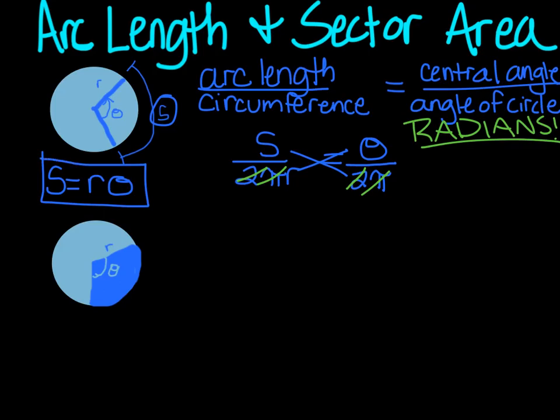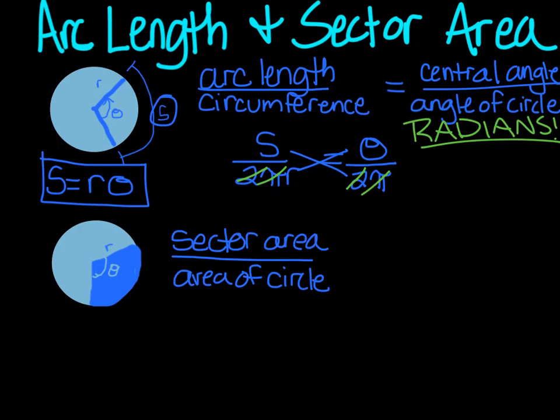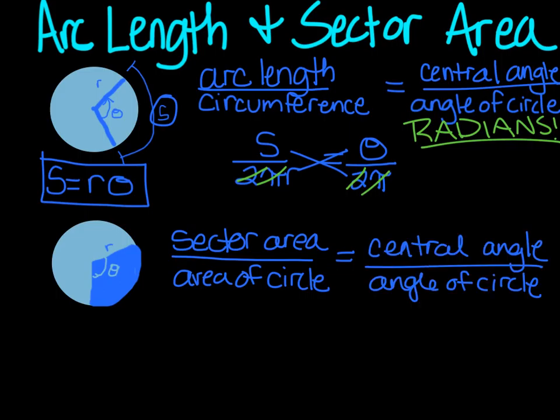Now for sector area, it's going to be the same type of proportion. We're going to take the sector area out of the area of the whole circle. Will also be proportional to our angle theta over the angle of the circle. So if we let the sector area be A, the area of a circle is pi r squared, the central angle is theta, and the angle of the circle in radians once again is 2 pi.